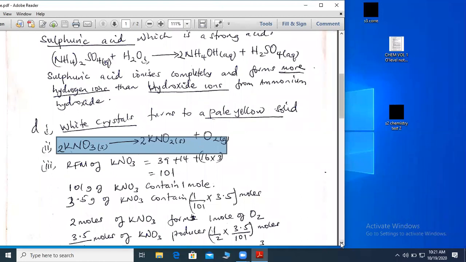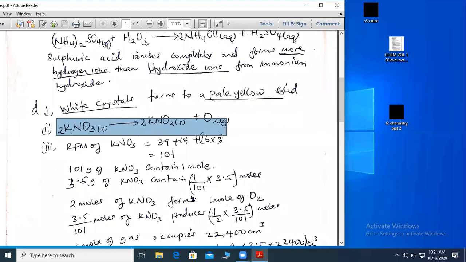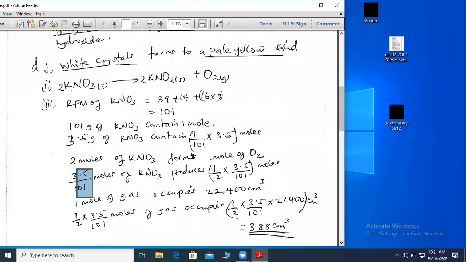So the moles of potassium nitrate, which are 3.5 out of 101 moles, produce a half times these moles. So we now have the moles of oxygen. But 1 mole of a gas occupies that volume, therefore these moles will occupy that volume. And when we use the calculator, this is the answer we get.